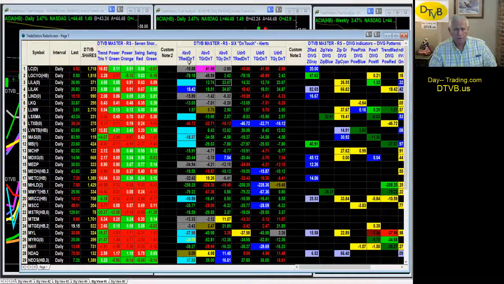And what they're doing is they're touching the line in question. If in this column we find a blue box, then trend red is down touching the trend blue line. If we have a pink box, then trend green would be down touching the pink line.